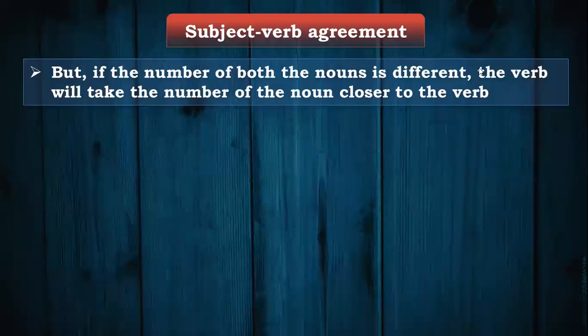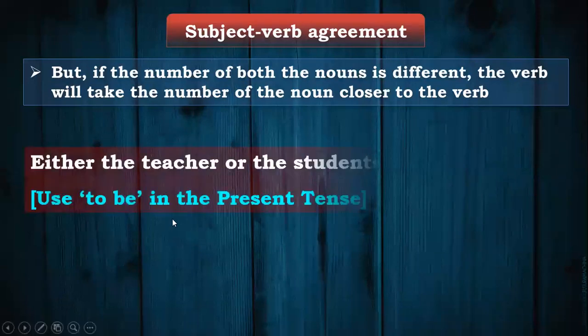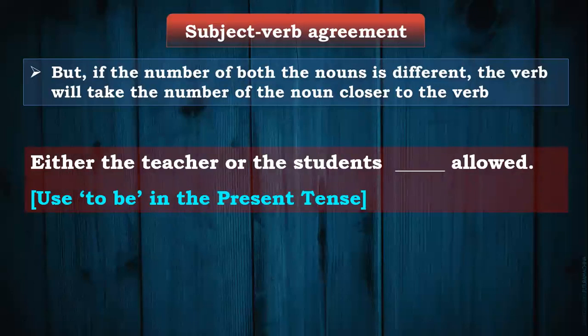In such a case, whom are we going to consider? Well, it's easy. We have to consider the noun which is closer to the verb. That means, here we go, either the teacher or the students. Now tell me, in this, which is a singular noun? Teacher is the singular noun, isn't it? And which is the plural noun? Absolutely. Students are the plural noun.